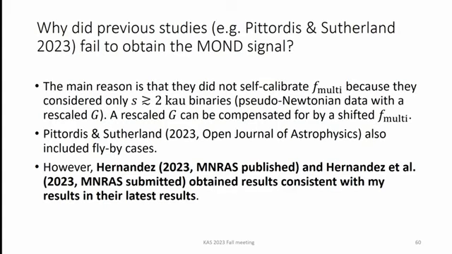Actually, his results were a little higher than the Mond prediction, so his anomalies were higher than Mond. It was hard for the community to understand, but he has now corrected his analysis. Now he says his results entirely agree with mine. Next.